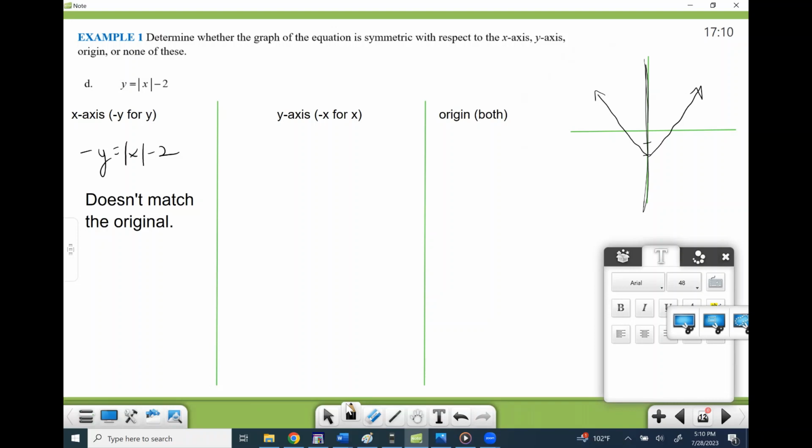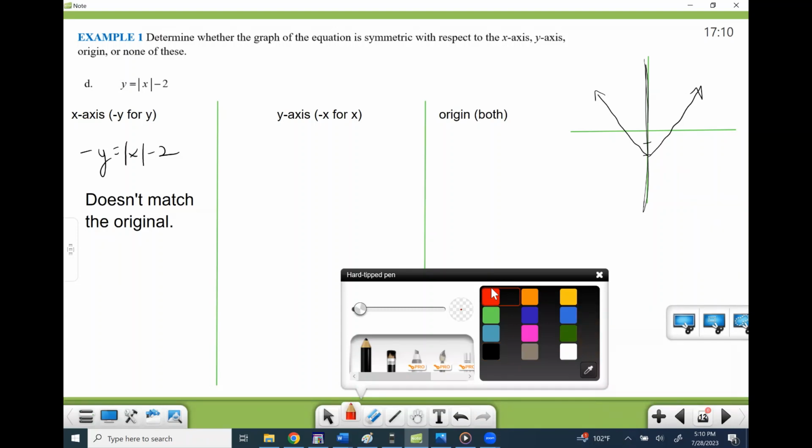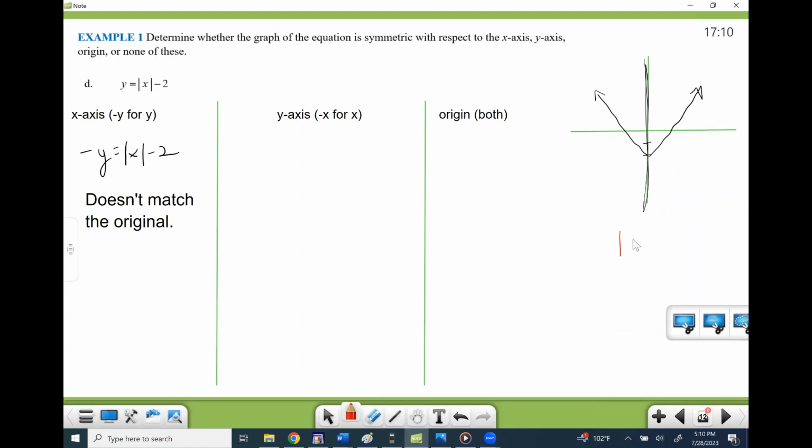All right. So for the y-axis, in order for us to be successful on this one, there's a little something that I'm going to talk about really quickly that we're going to use, okay? We're going to use this property that the absolute value of x is the same as the absolute value of negative x. Property of absolute values.